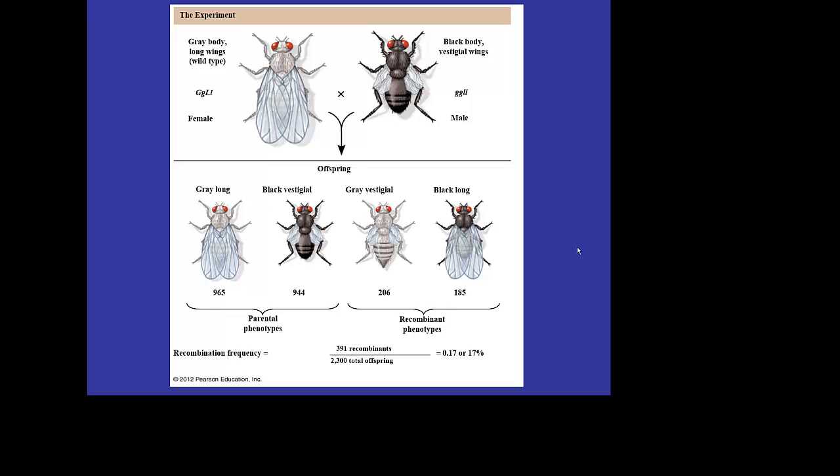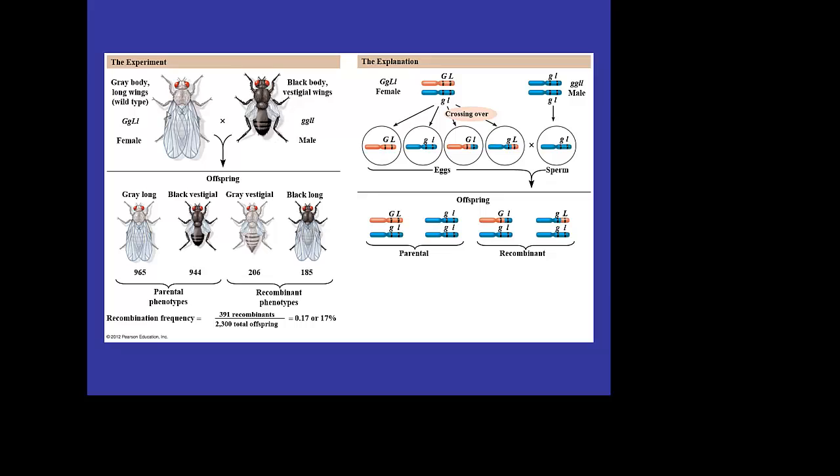We can look at different characteristics. We're looking at phenotypes here because it's easier. And we're going to link those phenotypes then to genotypes. And I want to know what happens if I cross this gray-bodied, long-winged female with this black-bodied, stumpy-winged male. Vestigial means, in this case, non-functional.